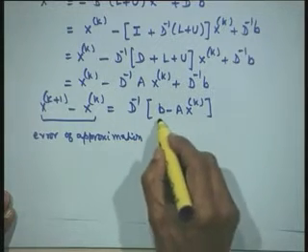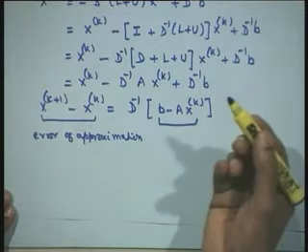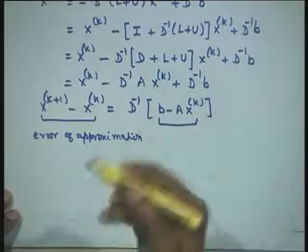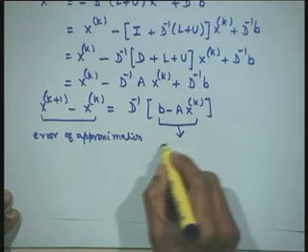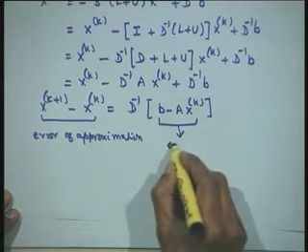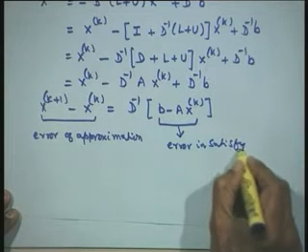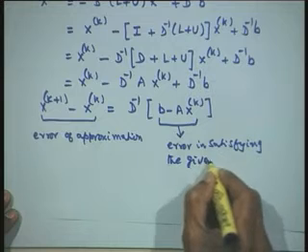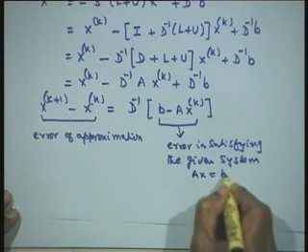If you look at this right hand side, this particular part shows how well the system of equations has been satisfied. This is A x minus b, or b minus A x. Our system of equations is A x is equal to b. Now, this shows how well the given system is satisfied. So, this gives you the error in satisfying the given system A x is equal to b.